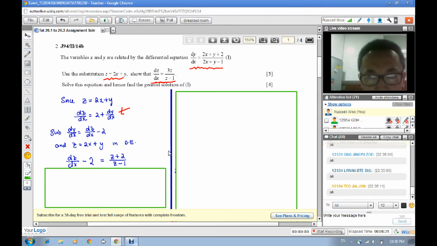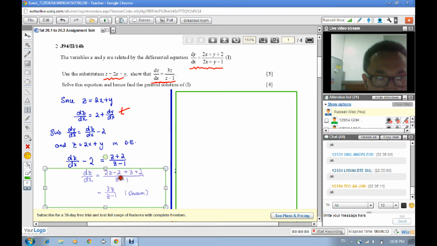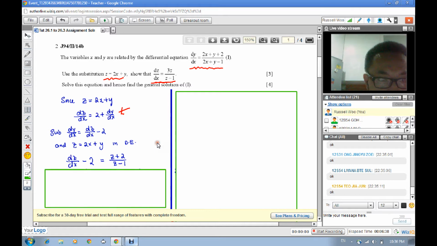I think the answer is not difficult, it's quite easily done. It's just that from here, let's pause for a while. From here, it doesn't look obvious that we will get to this one, but never mind, let's persevere on.